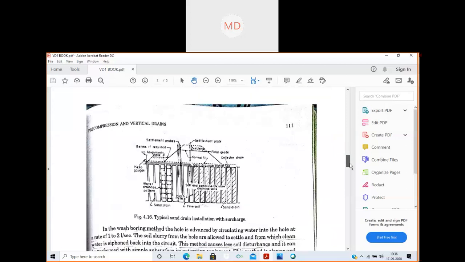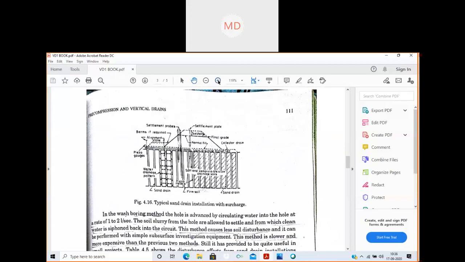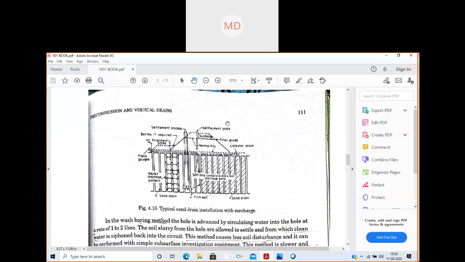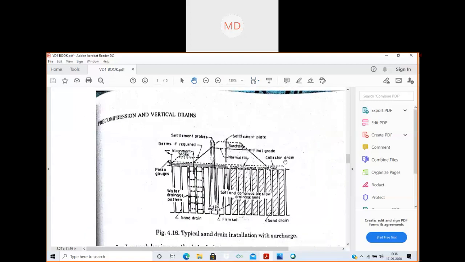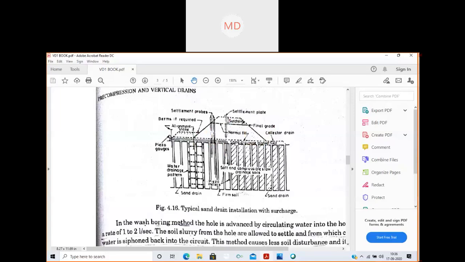So here you can see a figure. Let me zoom it. See here, this is the soil layer. Above that the dotted line is shown. This is the sand blanket. The diagram is not exactly clear though.